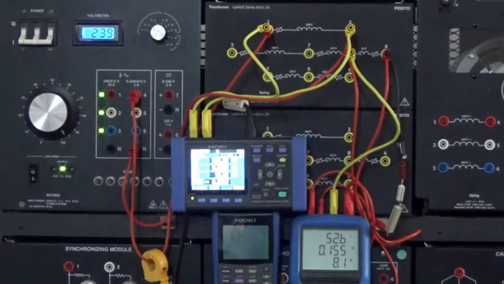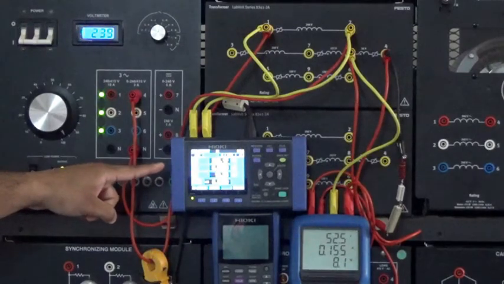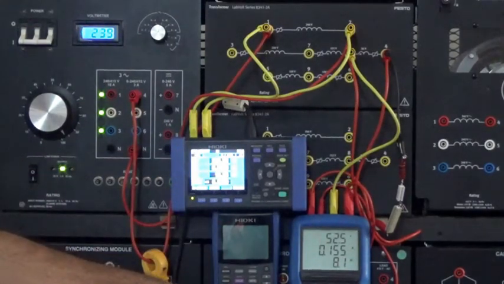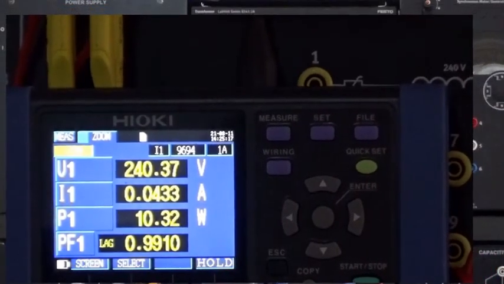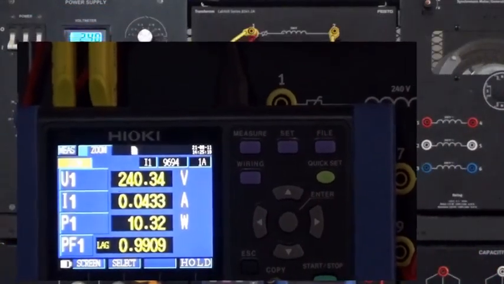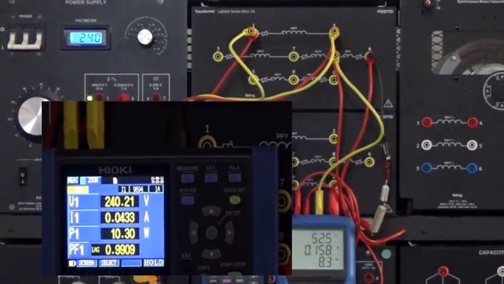Please record the input voltage, current and power, as well as the output voltage, output current and output power. This meter is for input, this meter is for output. So as you must have noticed, the input power and output power are not the same.